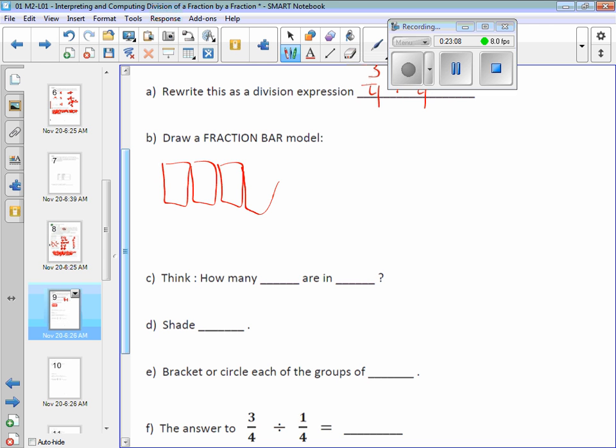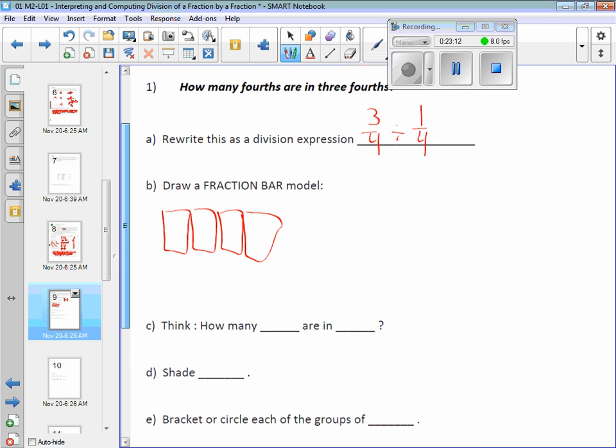Same pattern as always, guys. If you can remember, shade and group by, that will never change. Shade 3. Group by what?